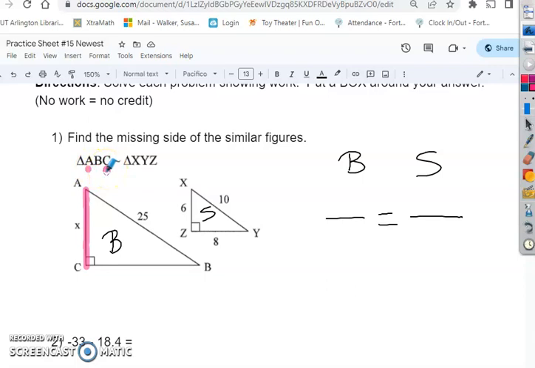We can tell by the way these are oriented, but if the shape is flipped, then I need the first and the last: X, Z. Those correspond. So on the big shape, we have X, which corresponds with 6 on the small.